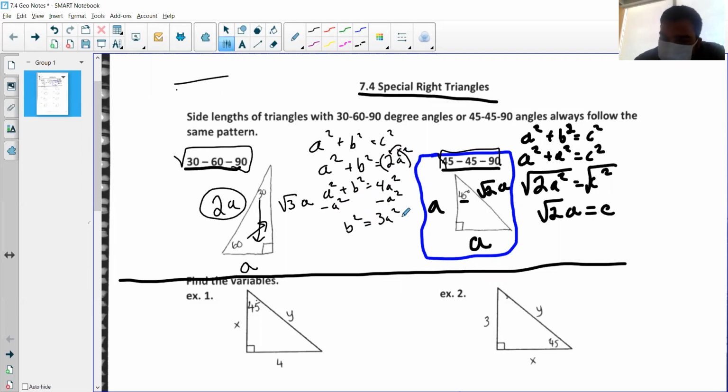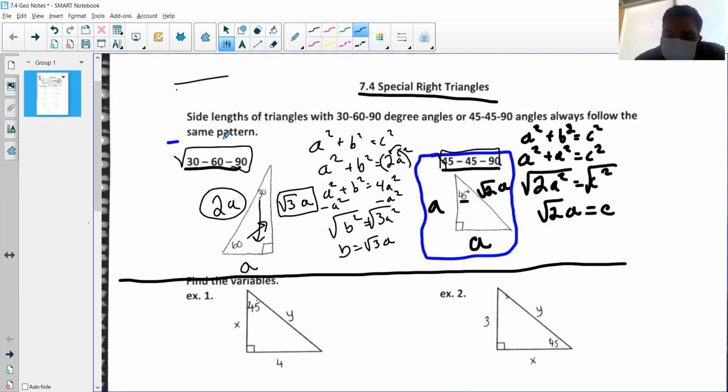Now I want to figure out what B is, which is across 60. So I'm going to square root both sides. B equals, I don't know what the square root of 3 is, so it's going to be square root 3, and A squared is going to reduce to A. So that's why this side is square root 3A.